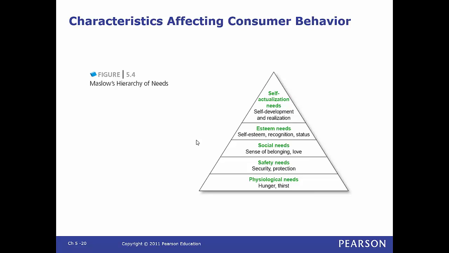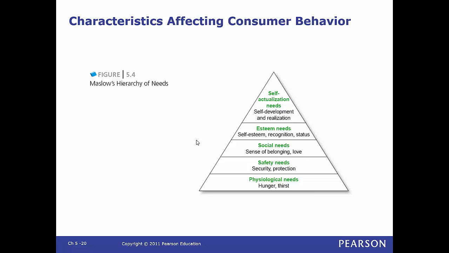Maslow suggested that the first level of motives or needs that face any individual are the physiological needs. Those are the main needs that we face as human beings. Some examples of those needs are hunger, thirst, and sleep.